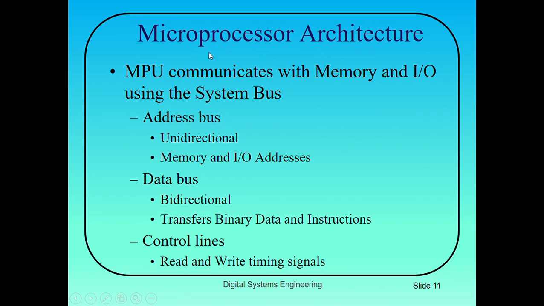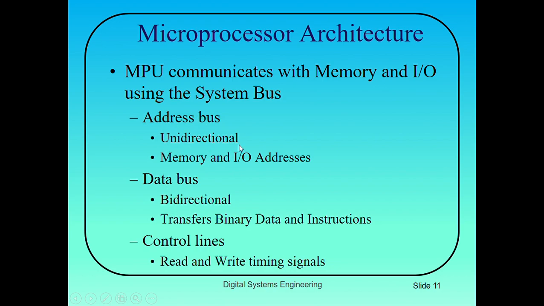Now we will discuss microprocessor architecture. As we already know, the MPU or microprocessing unit communicates with memory and input output devices using the system bus. Here we have the address bus, data bus, and the control bus.